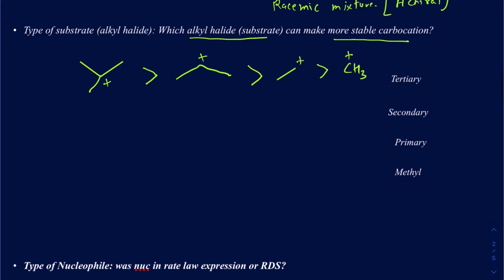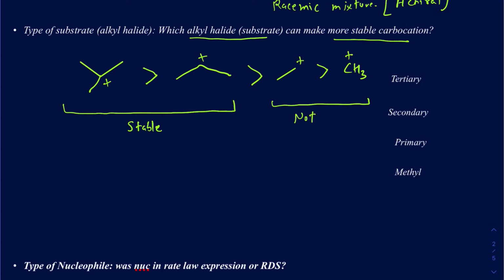So the bottom line is, if I have a secondary or a tertiary carbocation, I should be okay. So you can make the secondary carbocation and you can also make a tertiary carbocation, but you cannot make a primary or a methyl carbocation.